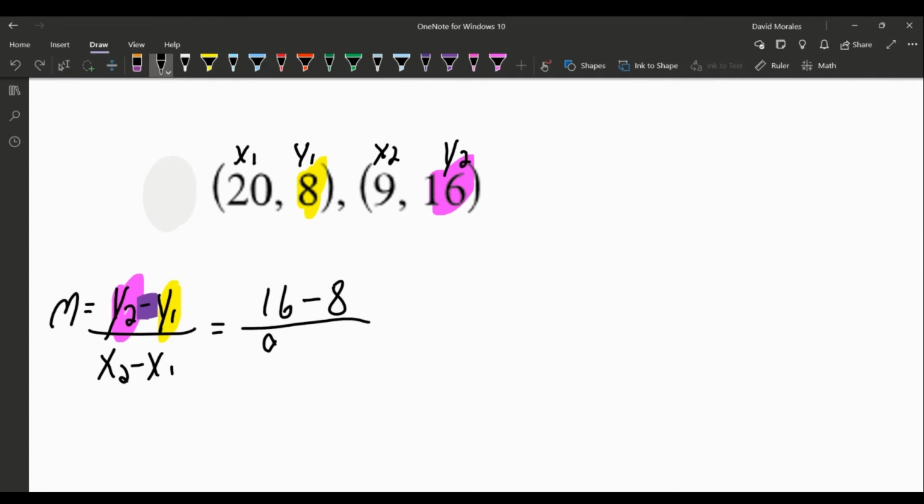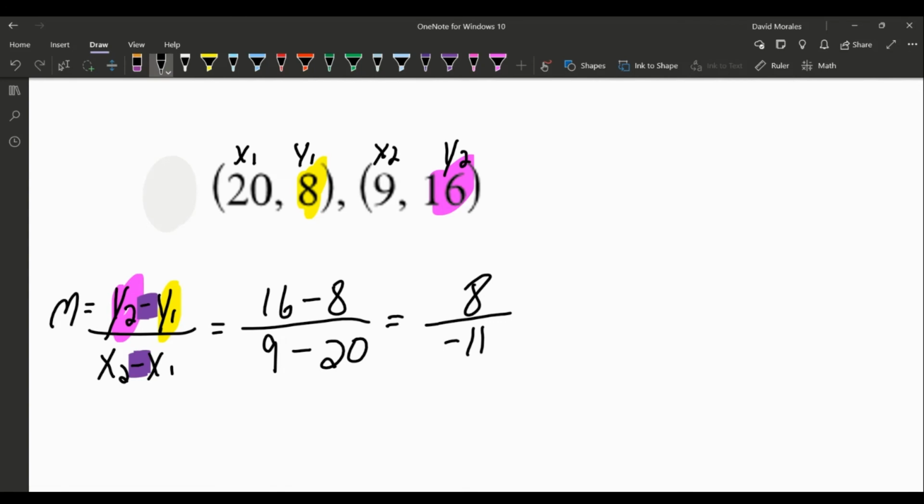Okay. And then I do the same thing. X2 is 9 minus, right, x1, which is 20. So that's pretty straightforward. This is how it usually does go, but if you deal with negative numbers, it gets a little tricky. 16 minus 8 is 8, and 9 minus 20 is negative 11.